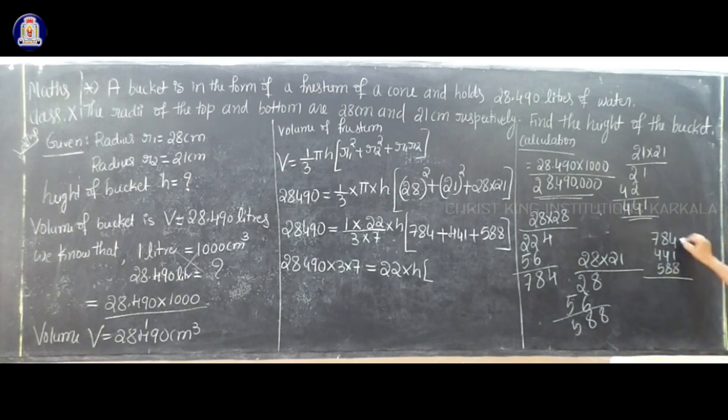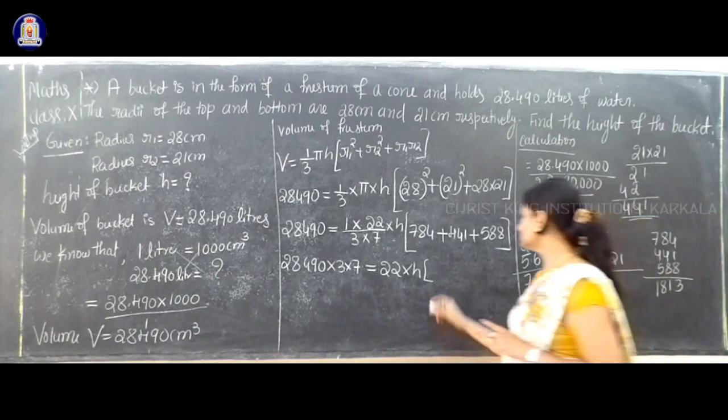Adding: 8 plus 4 is 12, 12 plus 8 is... 13, 1 carry. 16, 20, 21, 2 remainder. 7 plus 4 is 11, 11 plus 5 is 16, 16 plus 2 is 18.